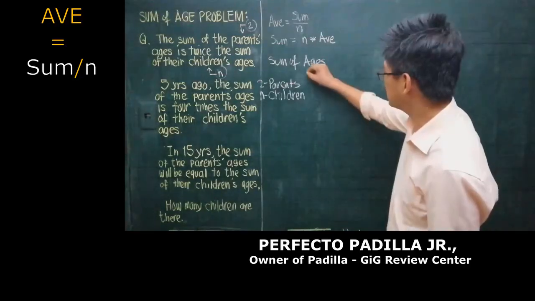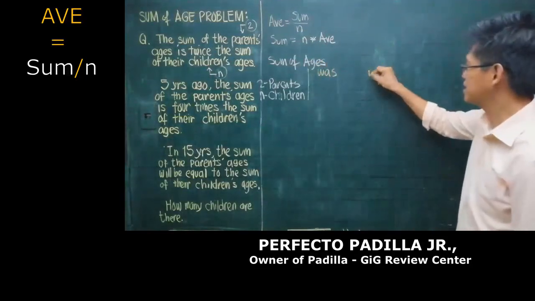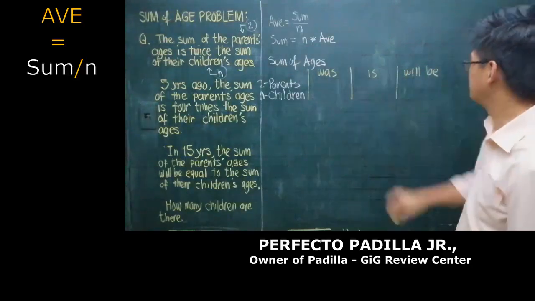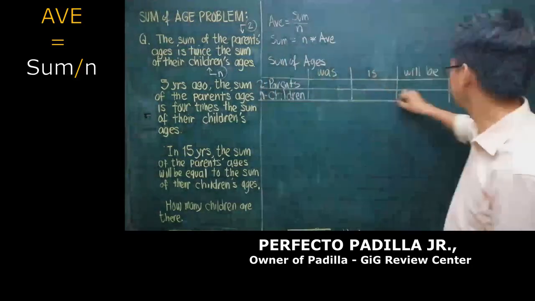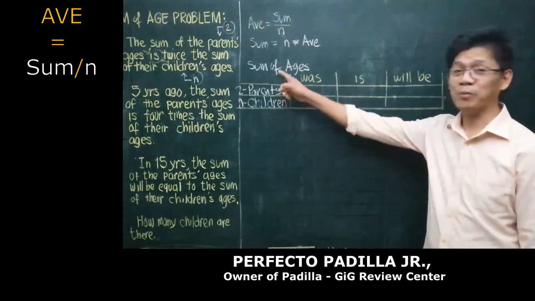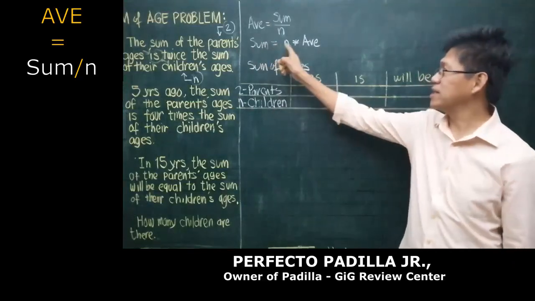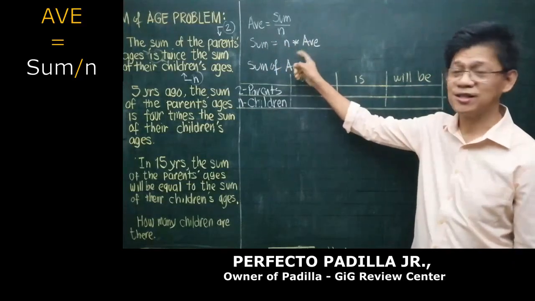Let us divide this into 3 columns: was, is, and will be. We are talking here of sum of ages. Now, the sum of ages is n times average.